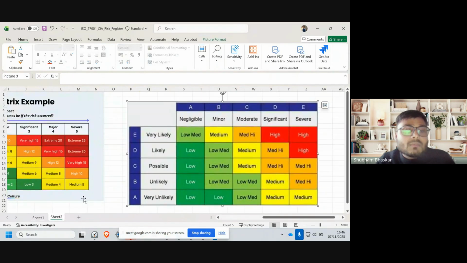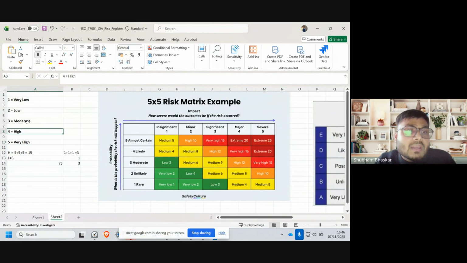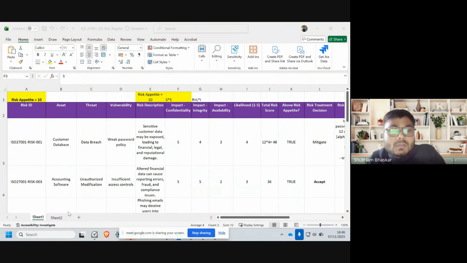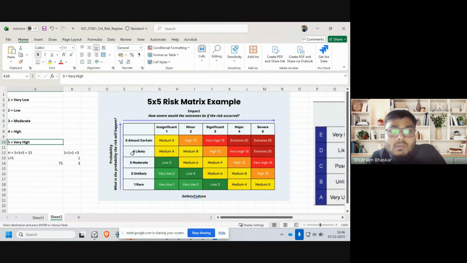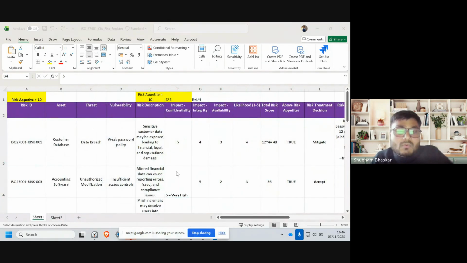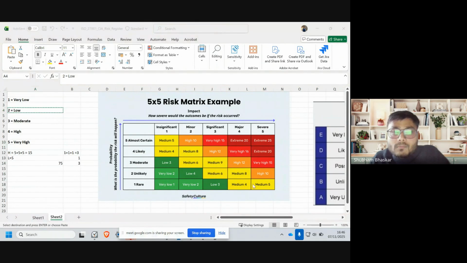What do 5, 4, 3 mean? As you can see, 5 means very high, 4 means high, and 3 moderate. If you are doing qualitative, then instead of this you can just put very high, and 2 is low.